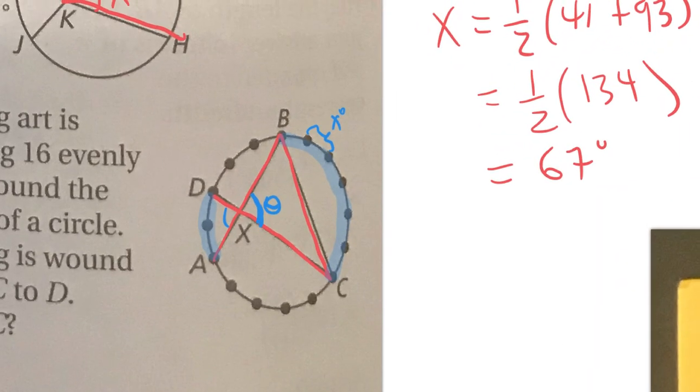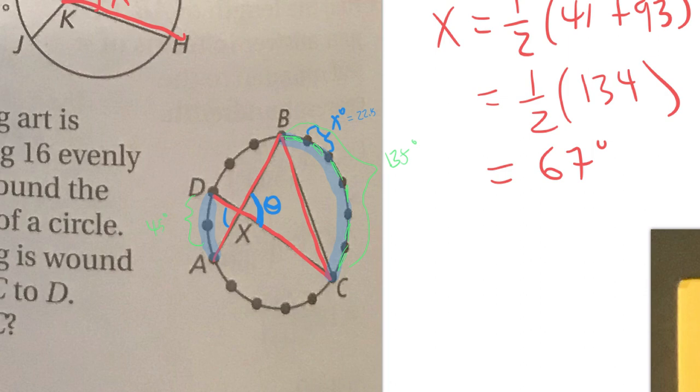So each of these is 22.5. How many of those intervals do we have in this arc? Well, it'll be 1, 2, 3, 4, 5, 6. So the entire arc measure is going to be 22.5 times 6, which is 135. The entire arc measure over here is going to be 22.5 times 2, which is 45.